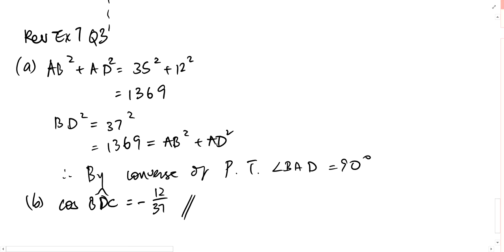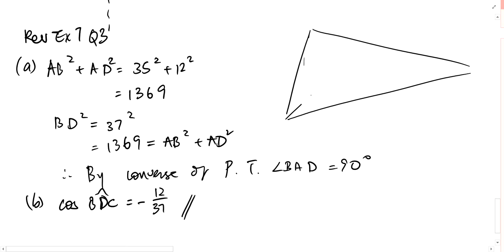Who needs help for this? Come on, don't be shy, raise your hand. Okay, so here we have a triangle. This is supposed to be 90, yeah? We have proven it already.